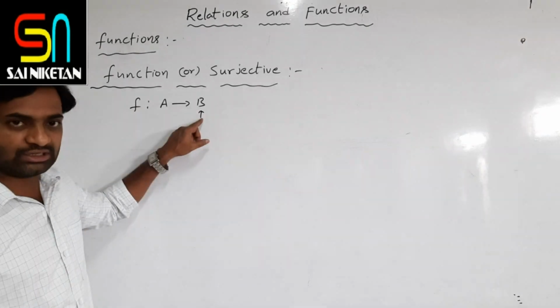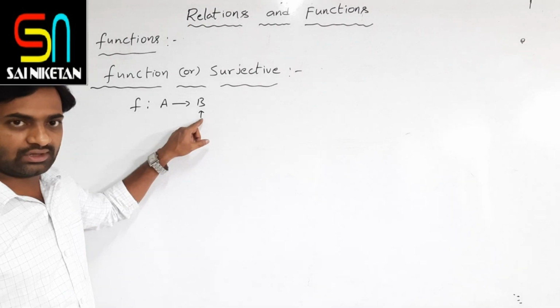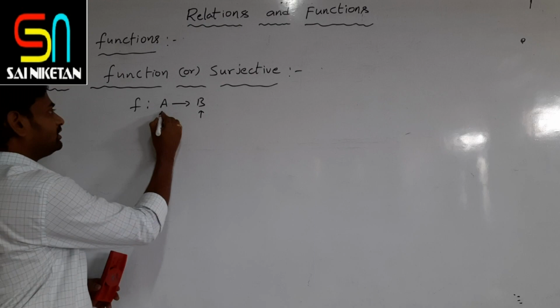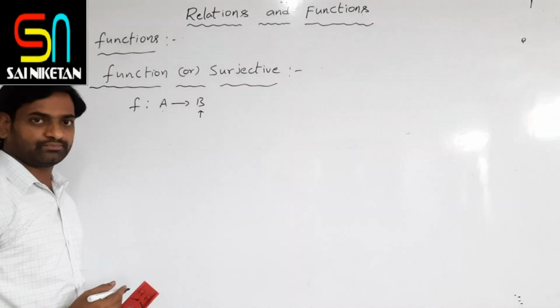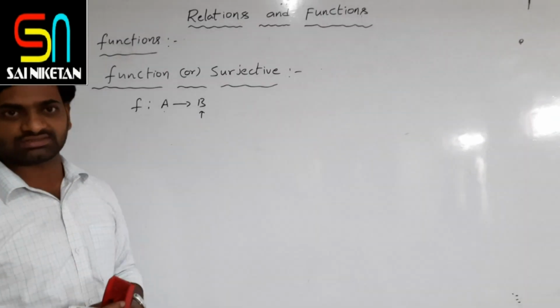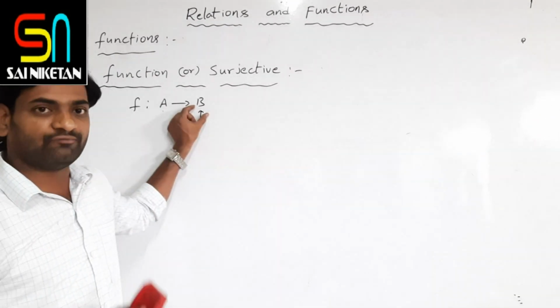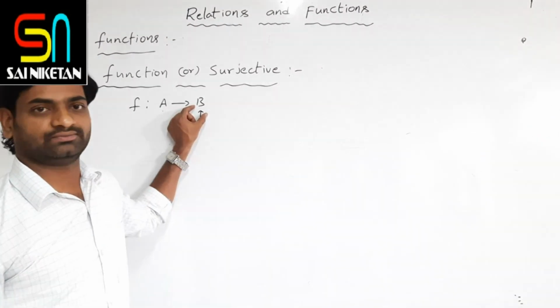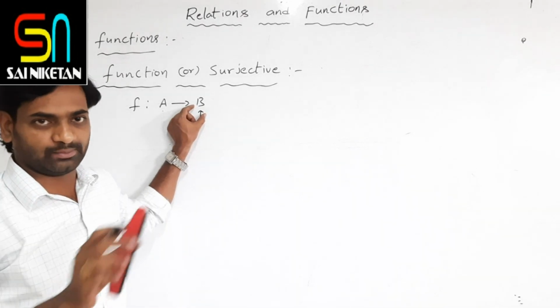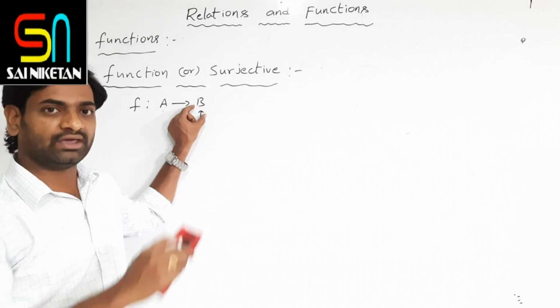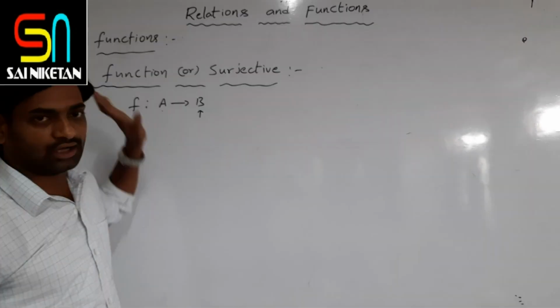Every element of set B is the image of at least one element of set A. That means simply, in the second set B, every element should be in the mapping. Don't leave any element. So if every element is in the mapping, then we can say it is onto function.